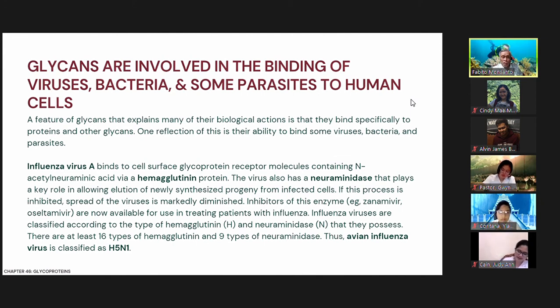Now, this is taken advantage of by viruses, bacteria, and parasites. For example, influenza virus A binds to the cell surface of a glycoprotein receptor molecule containing acetylneuraminic acid via hemagglutinin protein.